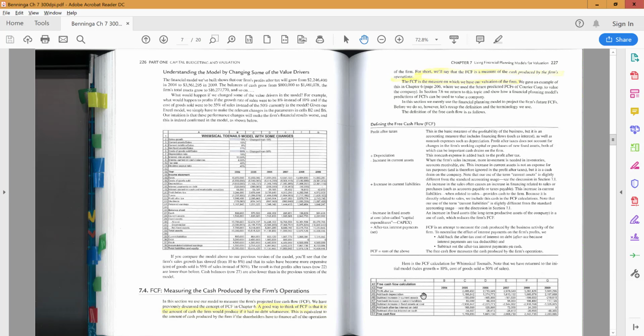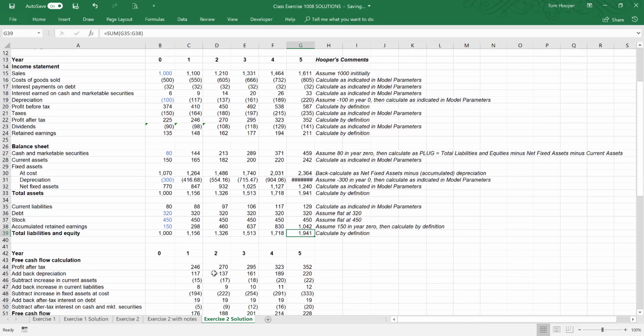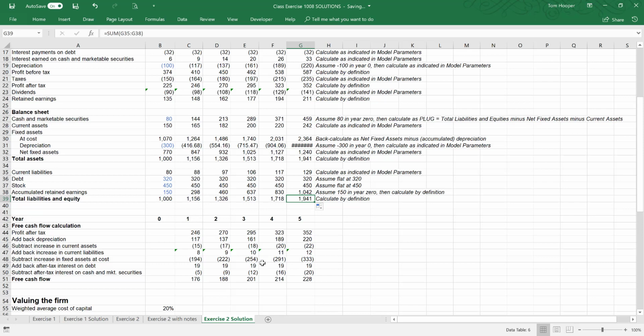Basically the free cash flow is the profit after tax, and then we back out and add in a lot of different items. In our solution on the class problem, we take the profit after tax up here from the income statement, and add back depreciation, because that's not a cash expense, that's just something we use to calculate earnings.